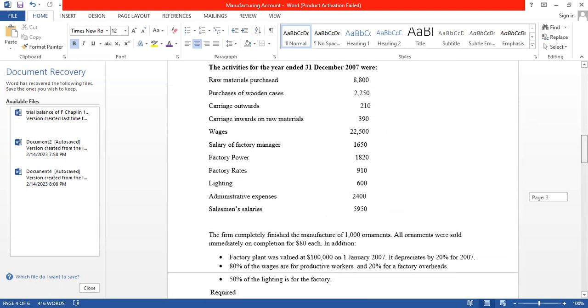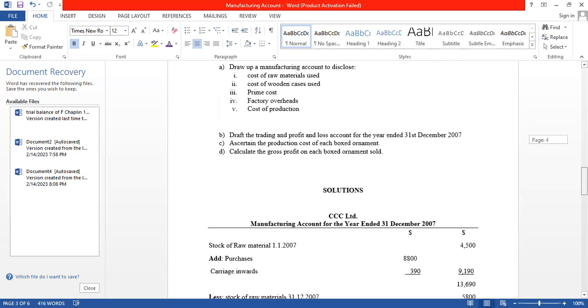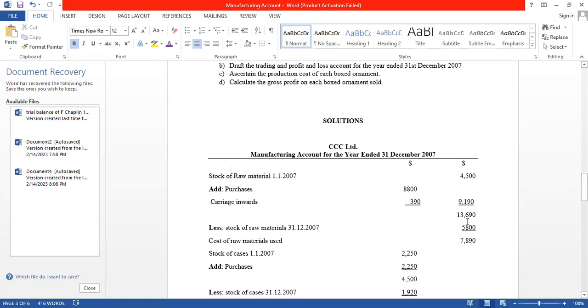When you scroll up to the question, you will see January 1, 2007, raw materials. See? All you have to do is lift up the information from the question and put it on the manufacturing account. That amount is $4,500.